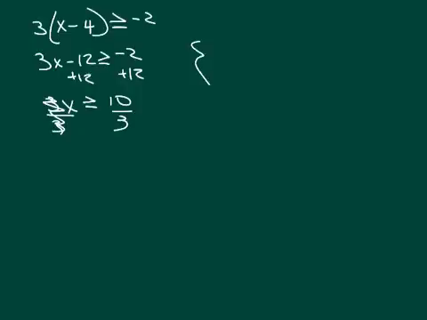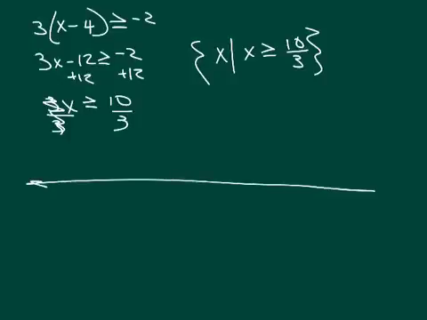So set builder notation. Ew, that's kind of a crummy looking parenthesis. Looks like that. And when we graph it, x is greater than or equal to 10/3, so we put a 0, we'll put a 10/3 here, and it's greater than or equal, closed circle, and since it's greater, it's going to go to the right. And we're done there as far as example 7.